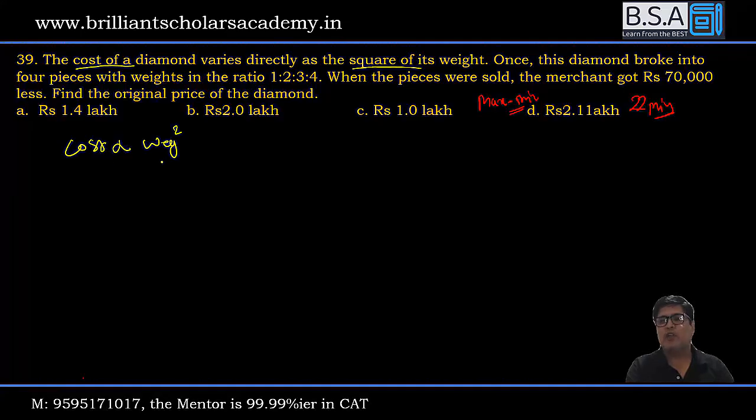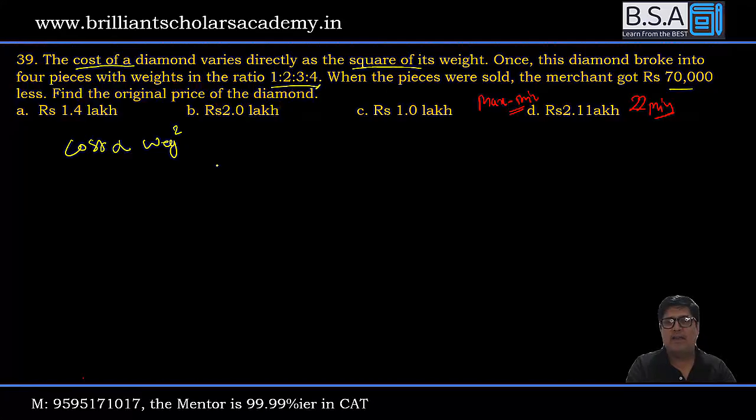Cost is proportional to weight square. Once the diamond is broken into 4 pieces with weights being in the ratio 1:2:3:4, when the pieces were sold, the merchant got rupees 70,000 less. What is the price of the original diamond?